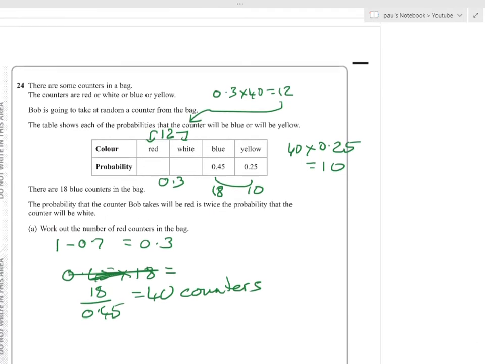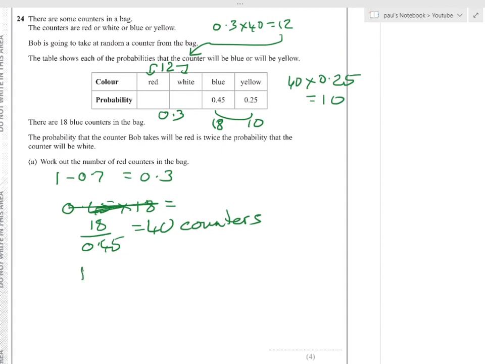So red and white together equal 12, and we've got to make the red twice as big as the white. If there were 8 red and 4 white, then that would be twice as big, and they'd equal 12. So I'm going to go for 8 red.